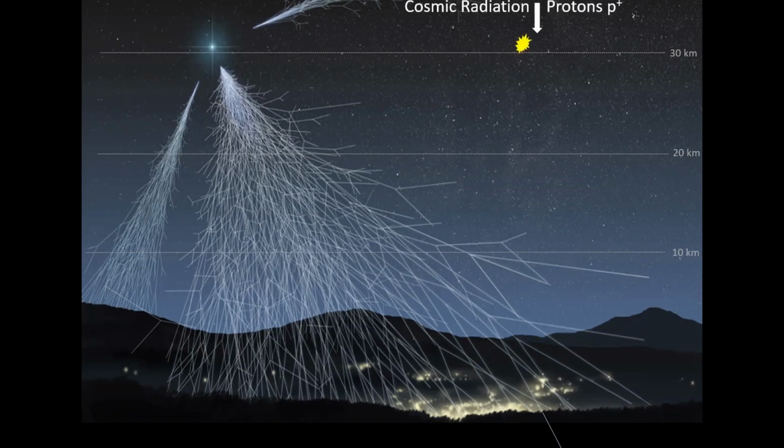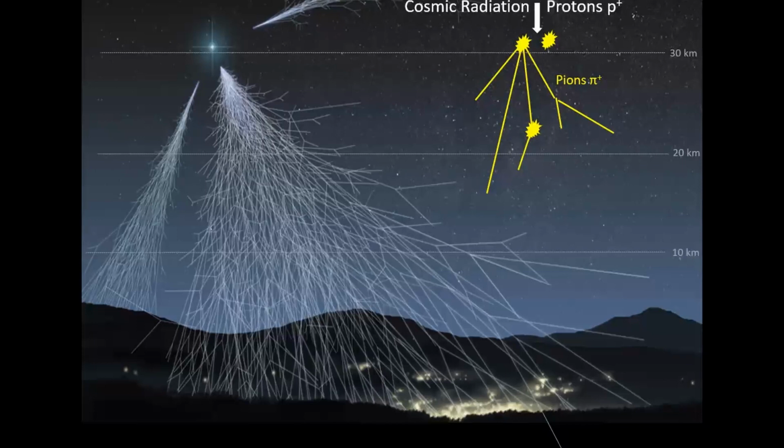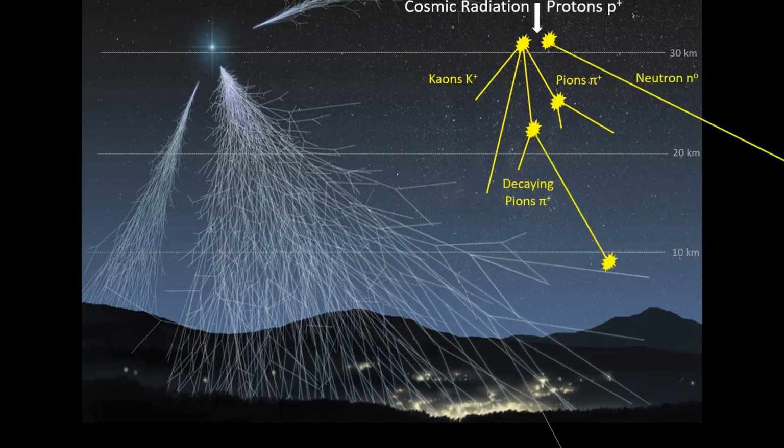And there's one, look, do you see it? Oh, it's gone. There it is. So this is a proton coming into the upper atmosphere. And the proton, it has a lot of energy, and it starts to break up into the things that make protons. And we won't go into all of this, but there's pions, kaons, and then neutrons. Basically, a bunch of really, really tiny things.